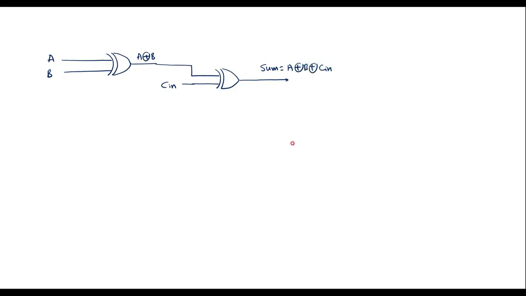So inputs are A and B. The output of this is A XOR B. Let me take one more XOR gate here. So output of this is connected to this XOR. Another input is, say, Cin. Here the output is sum, which is equal to A XOR B XOR Cin.